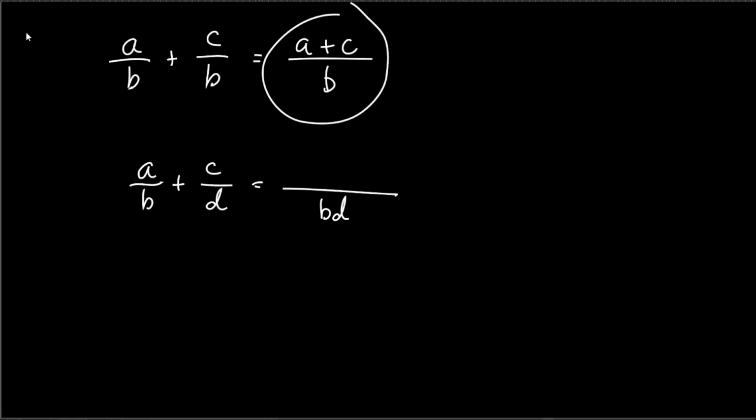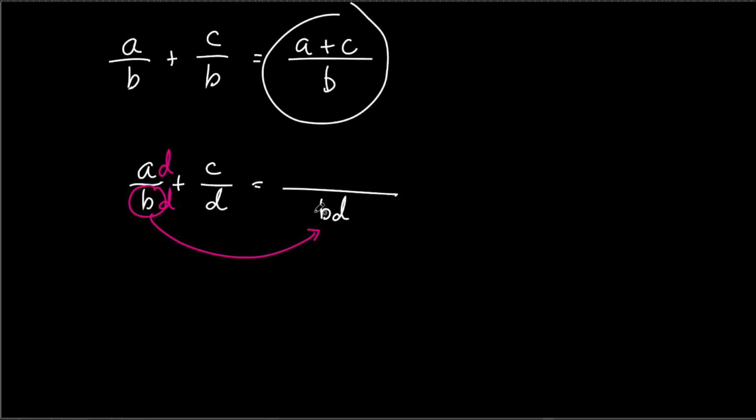Now watch this. What did I multiply B by in order to get this denominator? Times it by D, exactly right. So if I multiply this by D, what do I have to do to the top? Multiply that by D. See that?